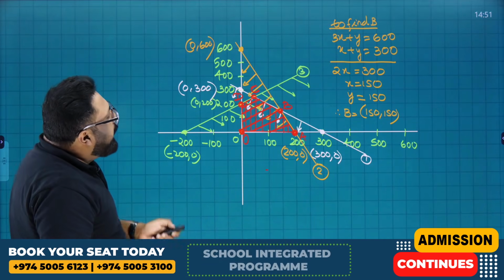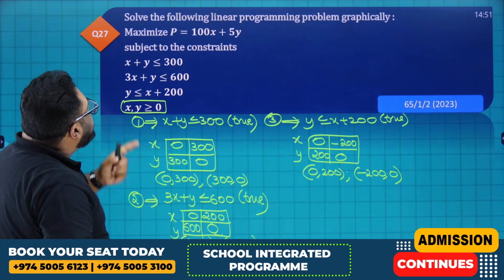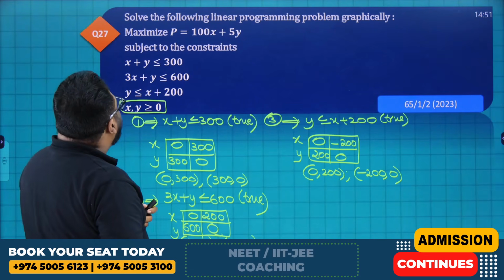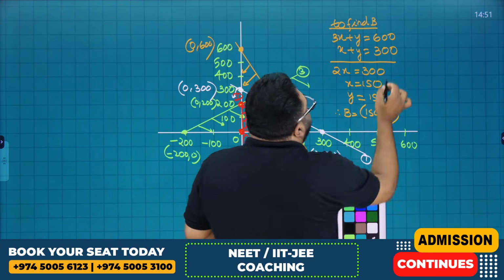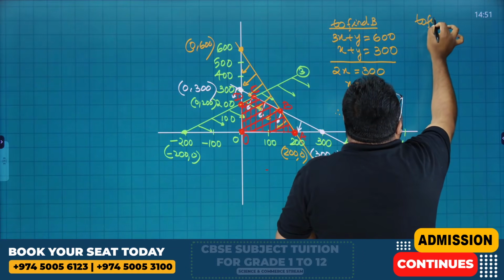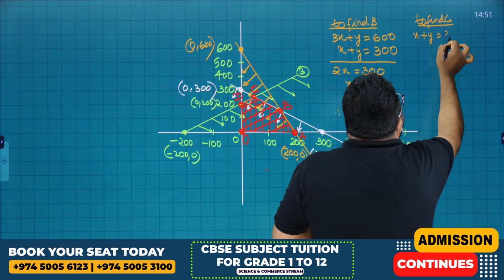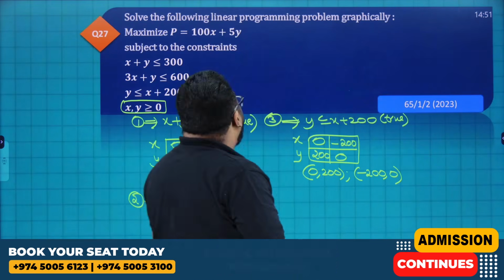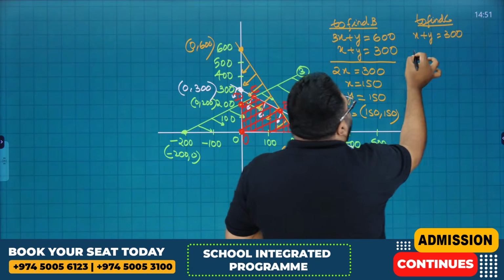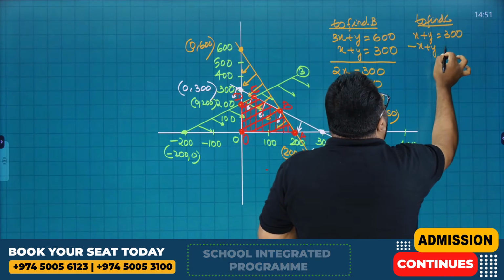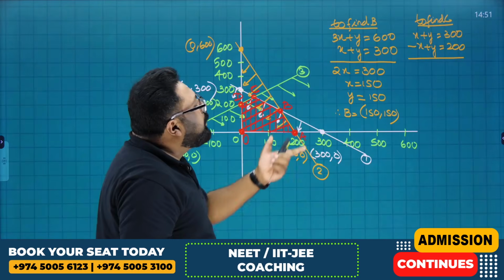Now I have to find C made by 1 and 3. 1 says x plus y equals 300, and 3 says minus x plus y is equal to 200.